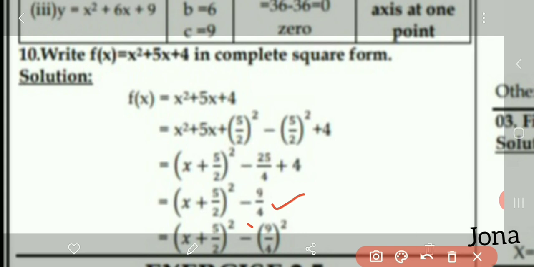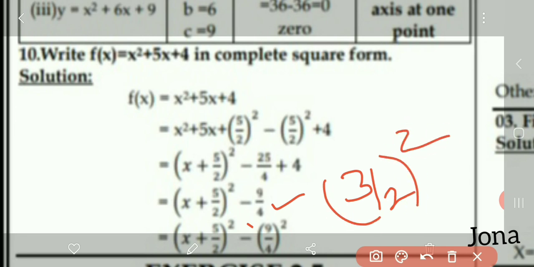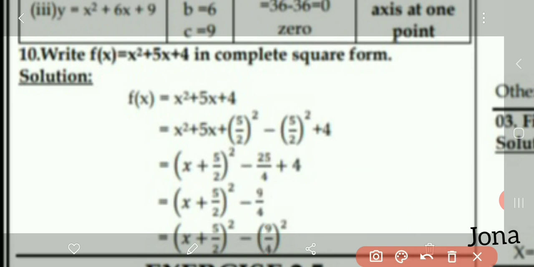This 9 by 4 can be written in the form 3 by 2 the whole square. Okay, 3 by 2 the whole square. So here it is written wrong, so you just strike it out and write it here. Okay, you have to write 3 by 2 the whole square.